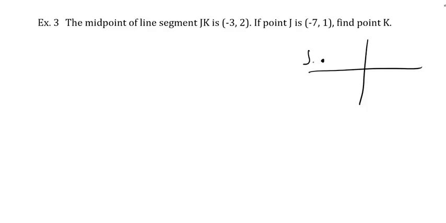The midpoint of JK is -3, 2. Find point K. So it gives me the midpoint, and it gives me one of the endpoints, and I have to find the other endpoint. So it's similar, but a little bit turned around and backwards.